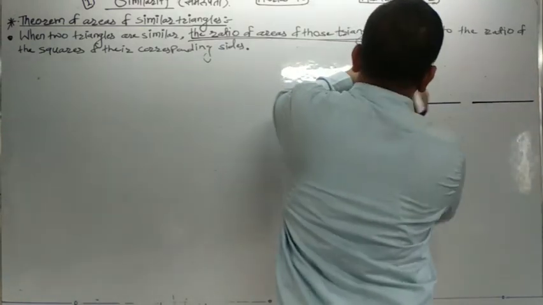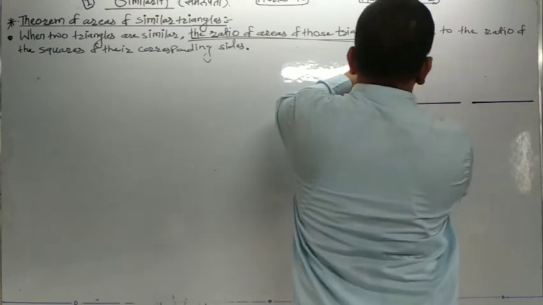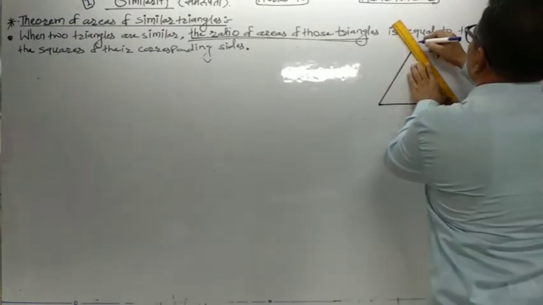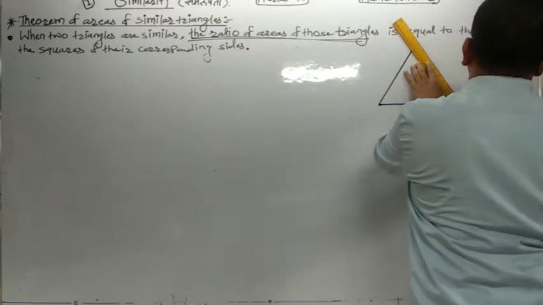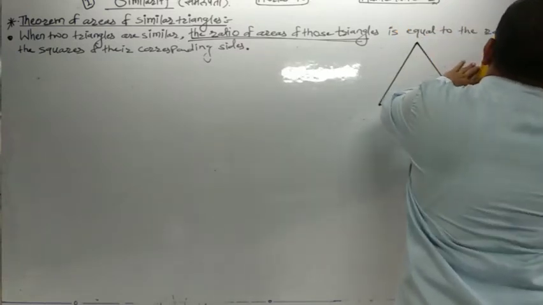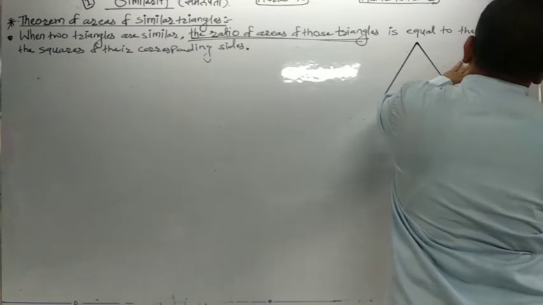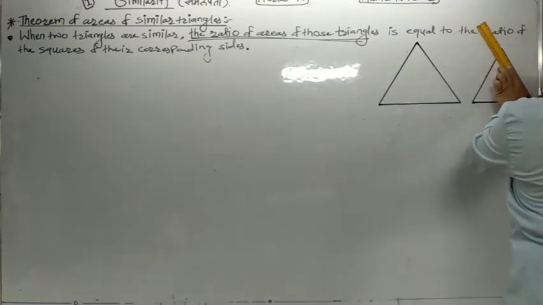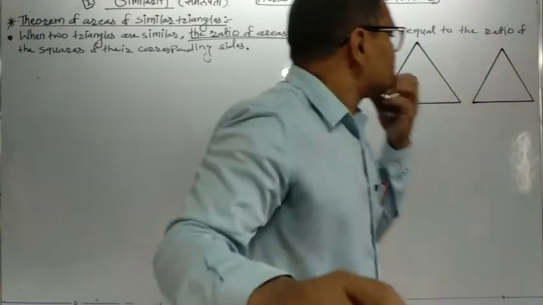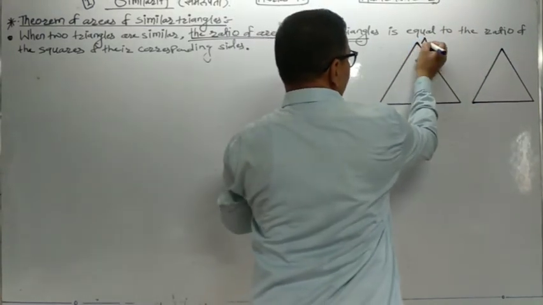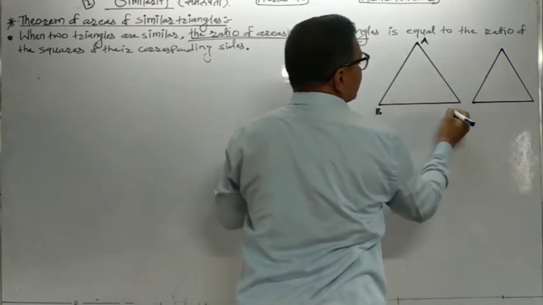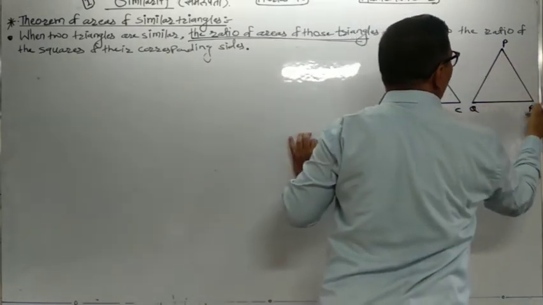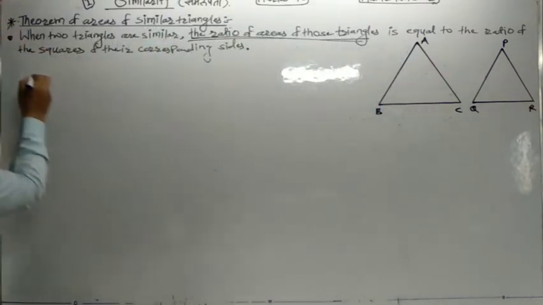Here are the two triangles, triangle ABC and triangle PQR. Right? Given.